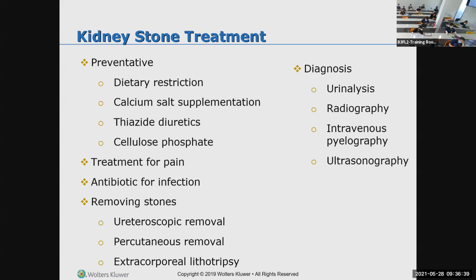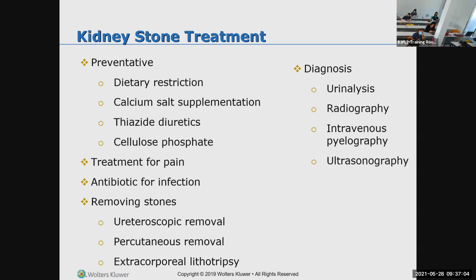So in order not to have stone, we use some preventive measures, some dietary restrictions. If somebody is diagnosed with calcium stone, listen carefully.